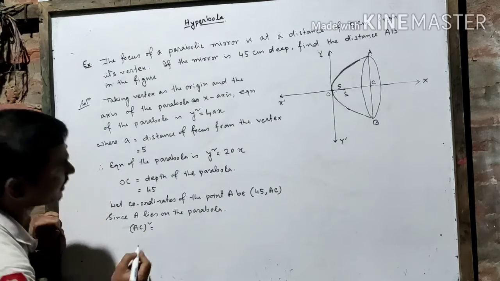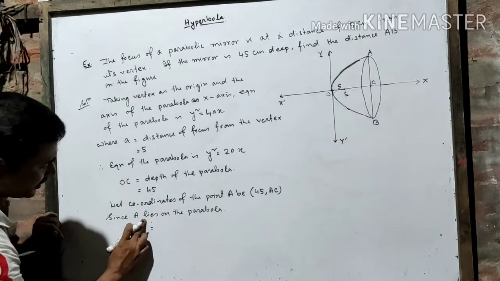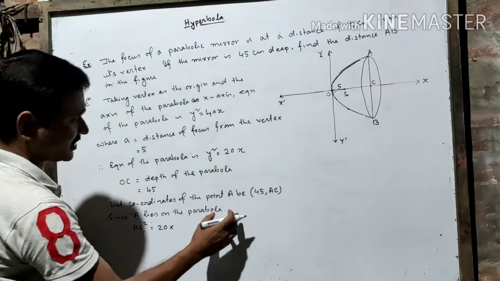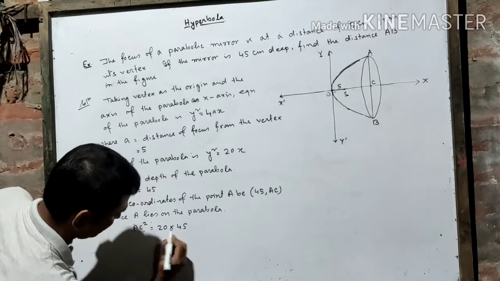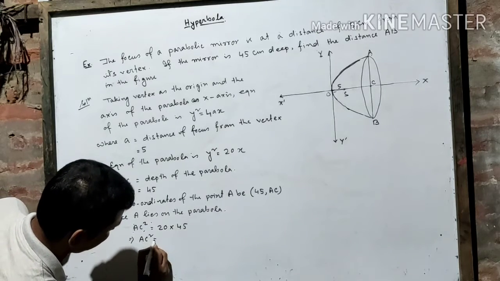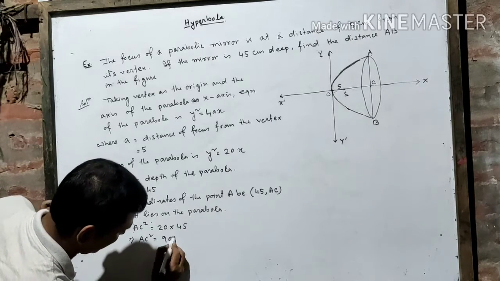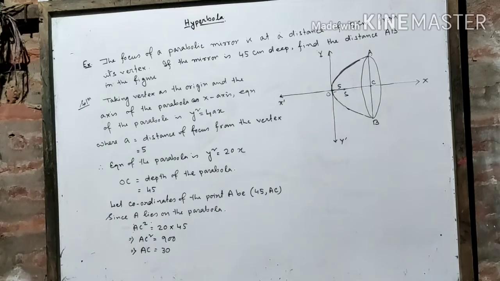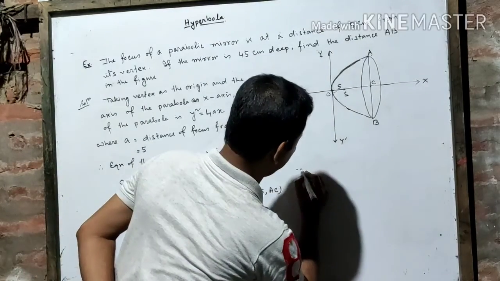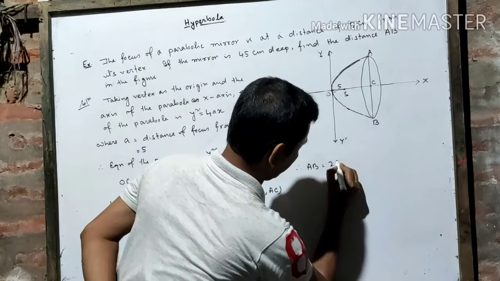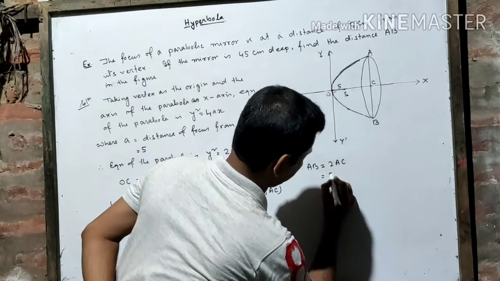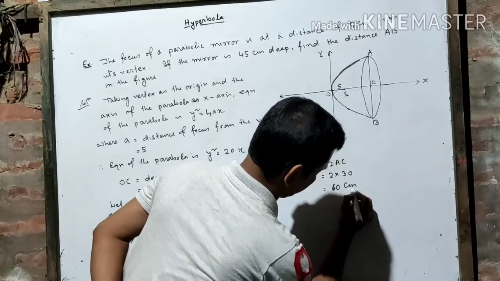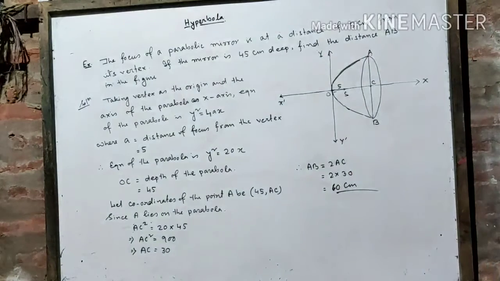So AC square is equal to 20 into 45, which implies AC square is equal to 900, so AC is equal to 30 centimeter. Therefore, AB is equal to twice AC, which is 2 into 30, equal to 60 centimeter. So the length of AB is 60 centimeter.